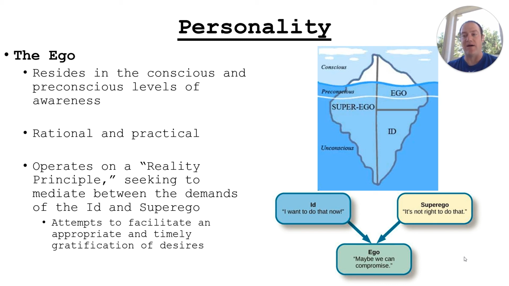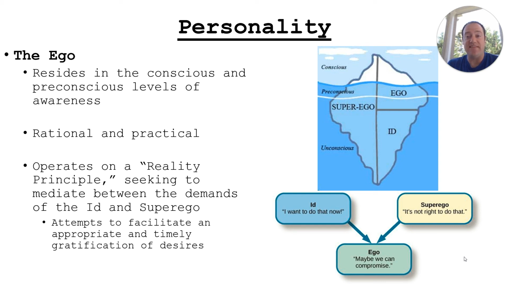It can still satisfy both as long as it's going to do its best to satisfy both. Doesn't always mean it will, but that's the scenario. That's what the ego tries to do, is it tries to satisfy both through some kind of compromise. Okay. Sometimes the id wins out.